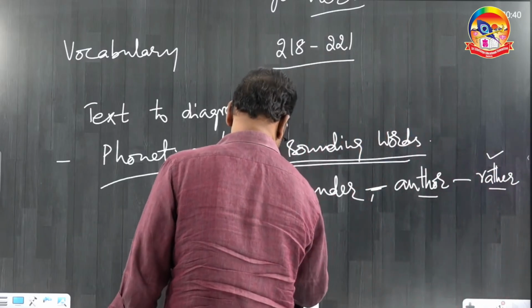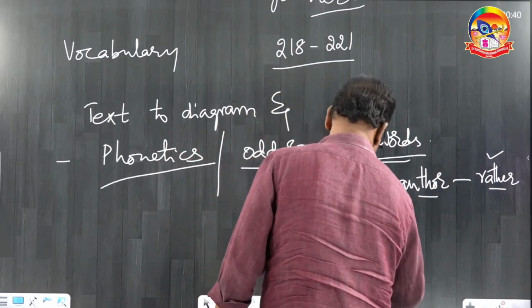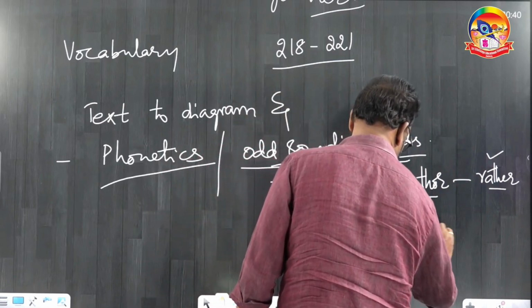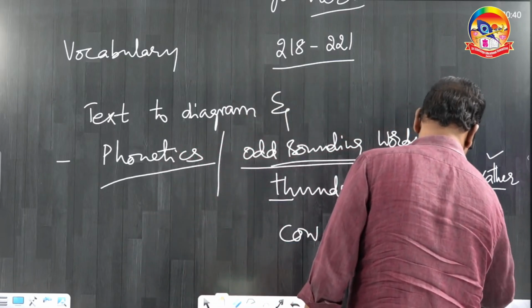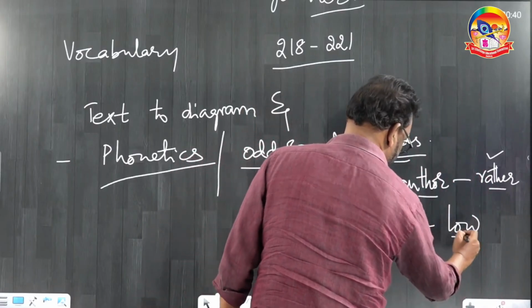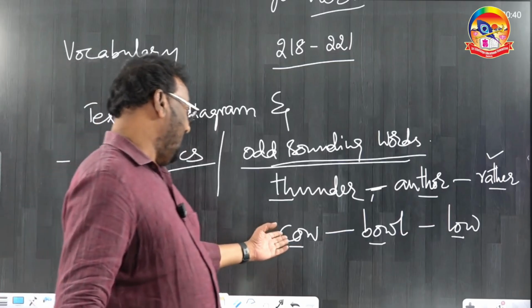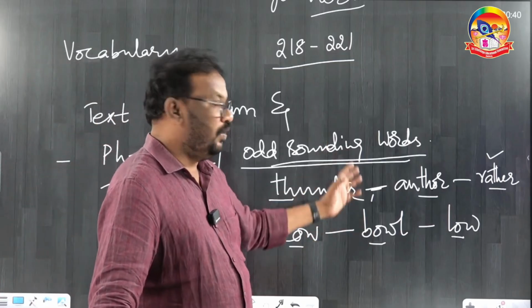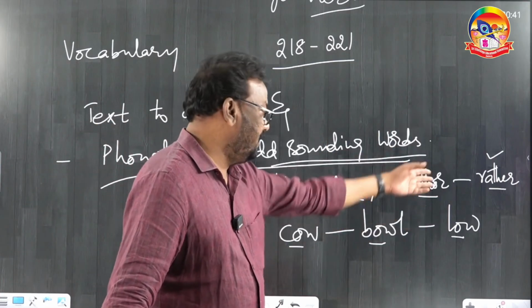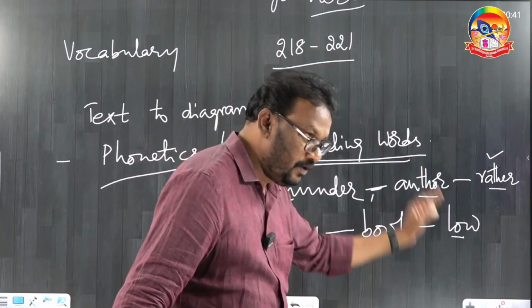In the same way, cow, bowl and of course low, and O is underlined in these 3 words. Usually how do we sound these 3 words? This as cow, this as bowl, this as low. Automatically you think low is your answer, but that is not your answer.